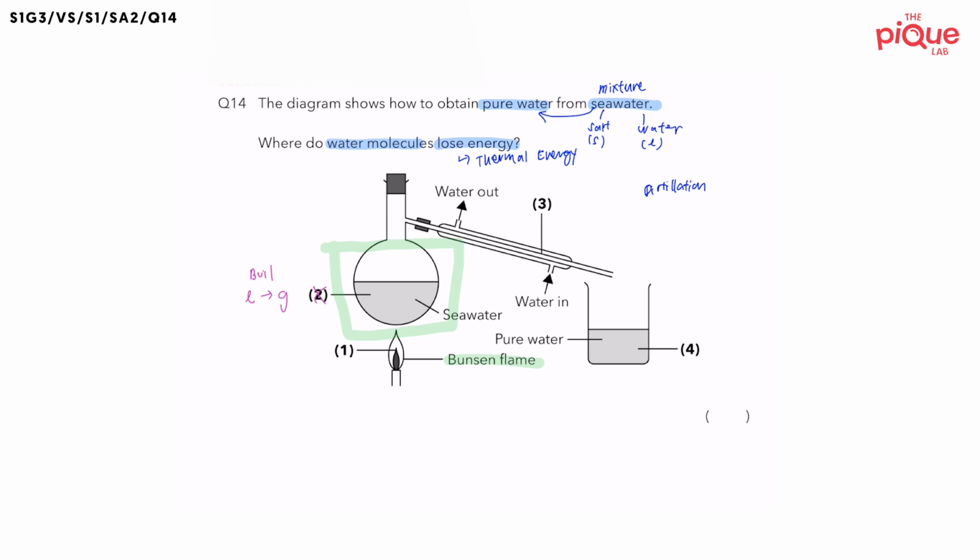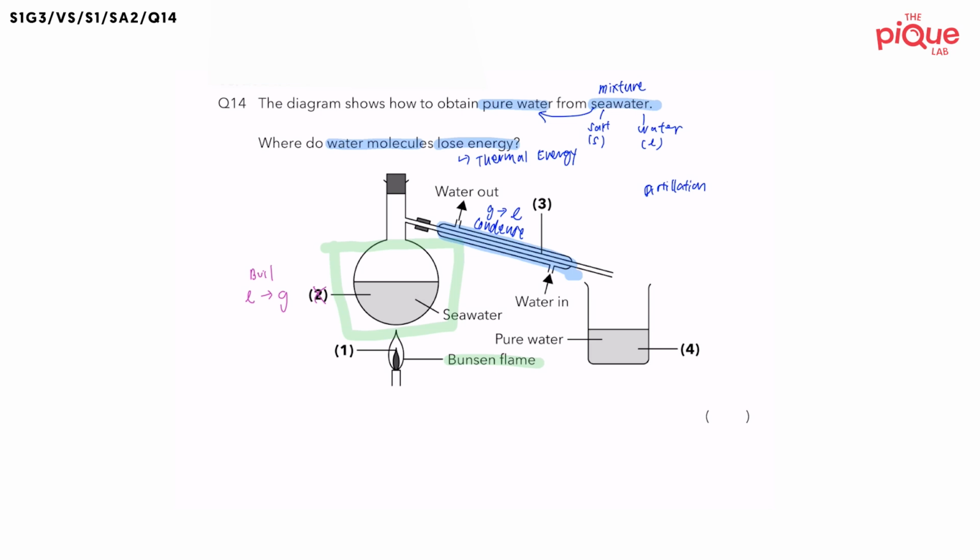Now, let's move on to the next part of the setup that is known as the condenser. The purpose of the condenser, as the name suggests, is to condense water vapor that is going through it. Recall, what is the change in physical state that occurs during condensation? Condensation is a change in state from gas to liquid.